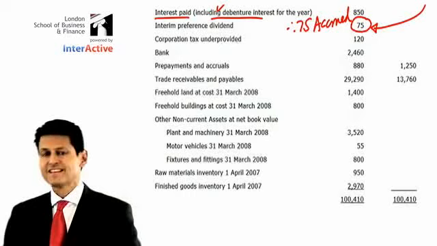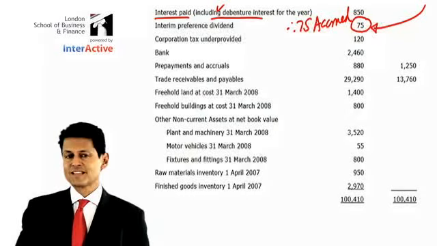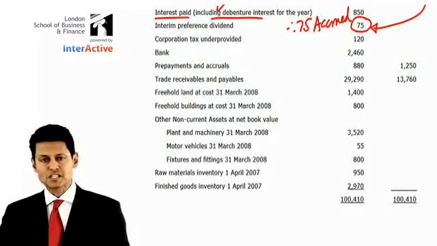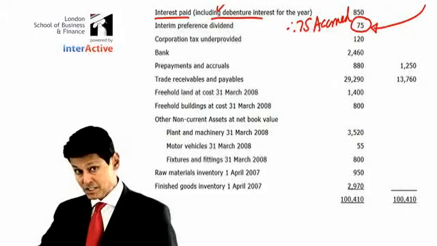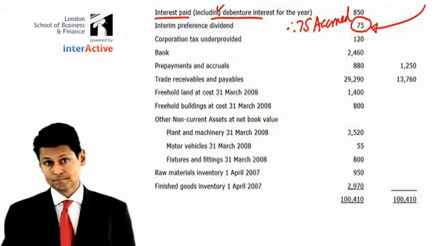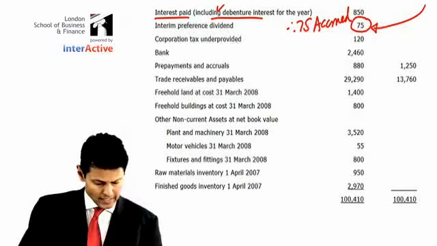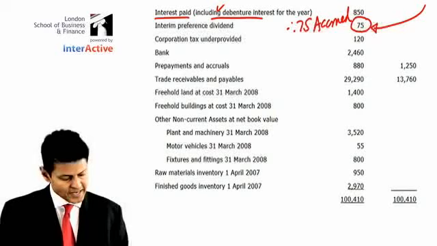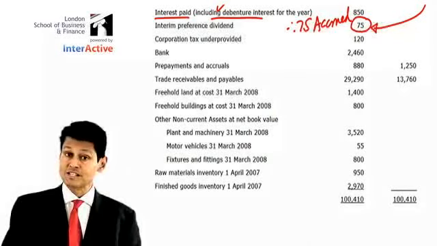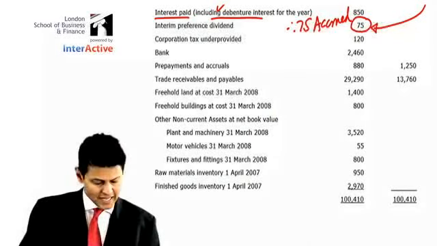So be careful. We're looking at the company's books, not the bank statement. The bank statement is the bank's records. Do be careful. What else? The other non-current assets, the net book value, no need to do depreciation, as someone else has done it for us already.